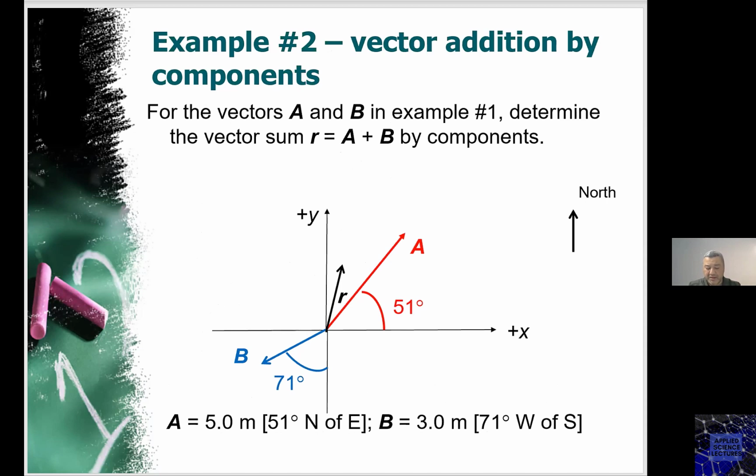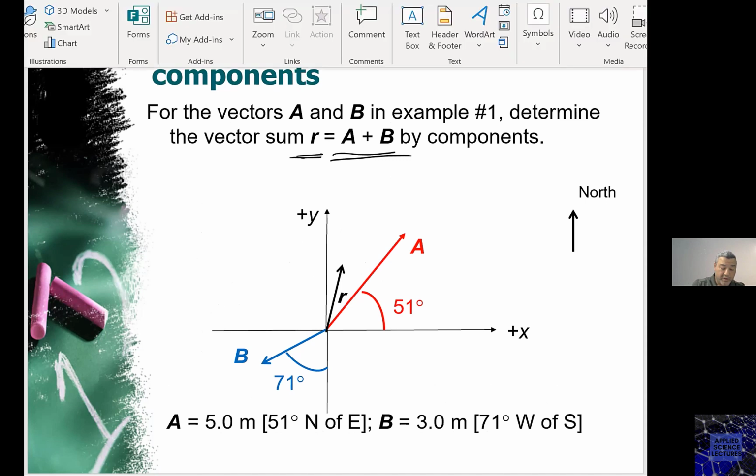Now here, example number 2 is referring to example number 1, saying find the vector sum R that is the summation of A and B. So what do we do here?